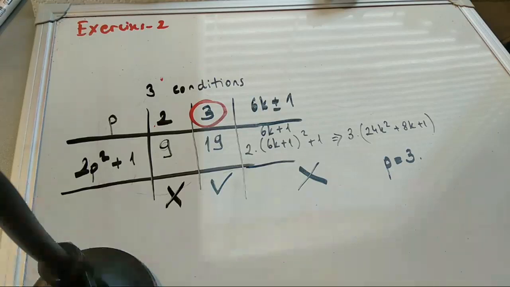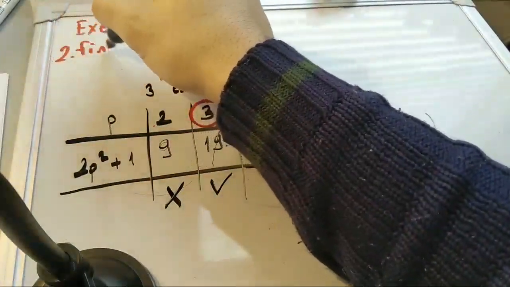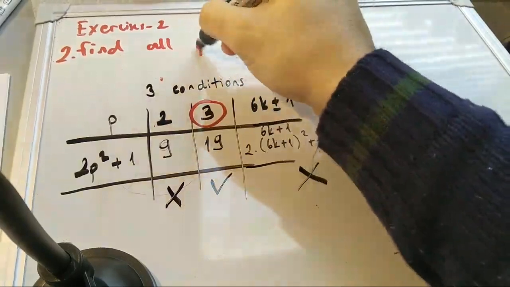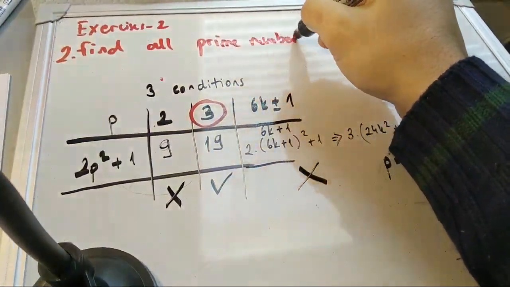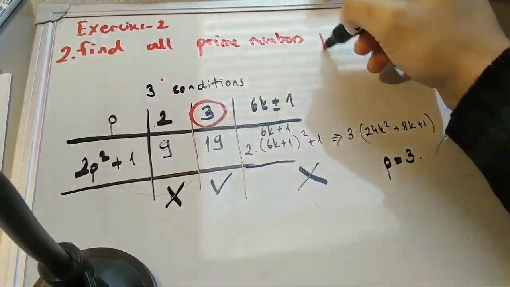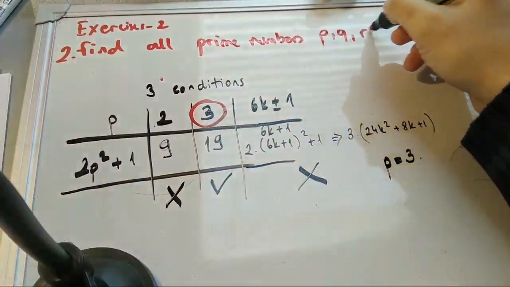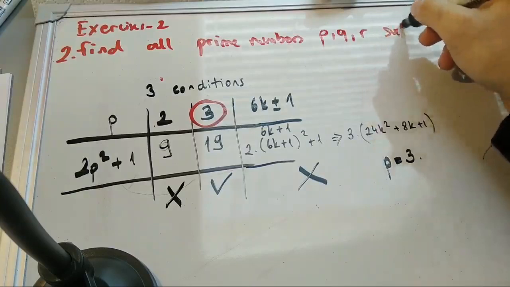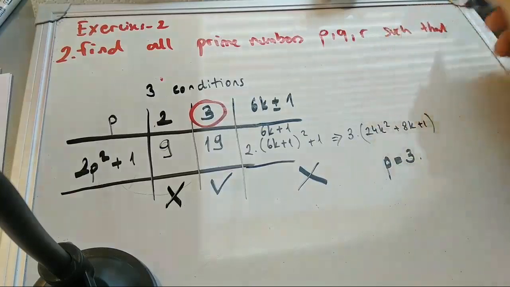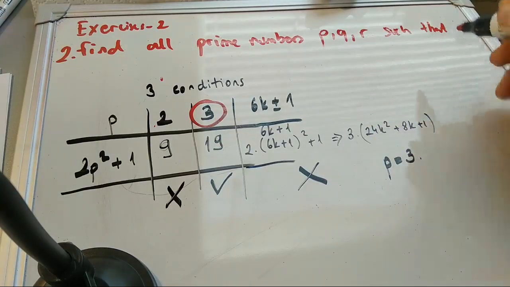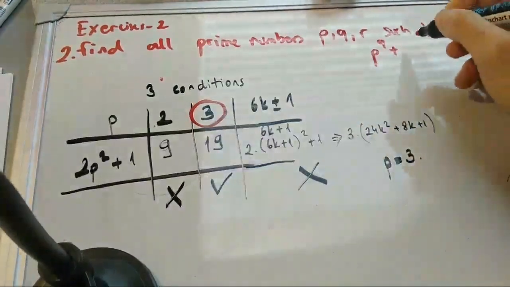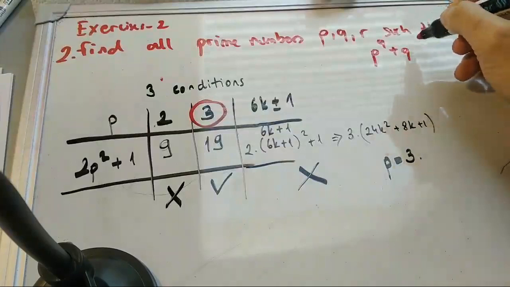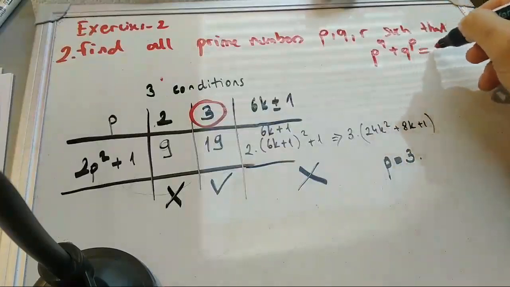Okay, find all prime numbers p, q, r such that p to the power of q plus q to the power of p is equal to r.